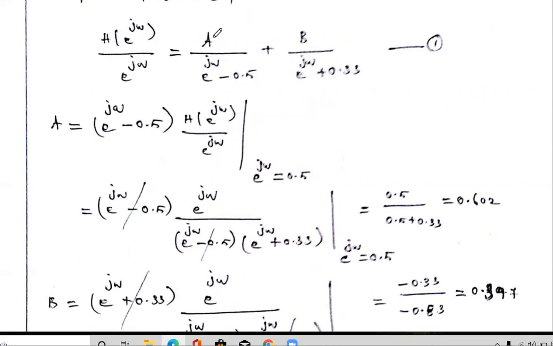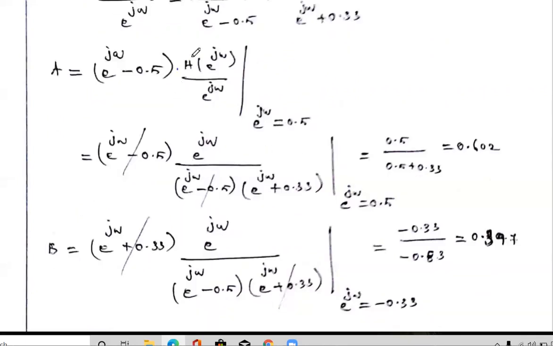A is equal to the term e power j omega minus 0.5 multiplied with the left side term H of e power j omega by e power j omega, at the root value e power j omega equal to 0.5.